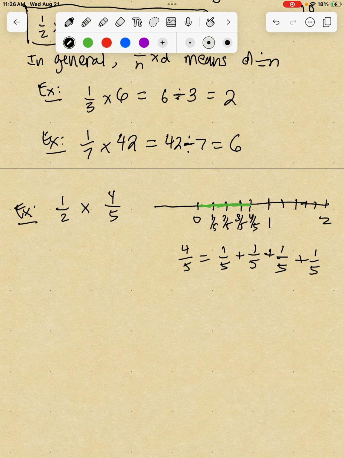And so if I divide this segment into 2 pieces of equal length, each piece is going to be 1/5 plus 1/5. Like this. It's one piece of equal length and another piece of equal length. And that's 2/5 plus 2/5. So 1/2 times 4/5 equals 2/5.